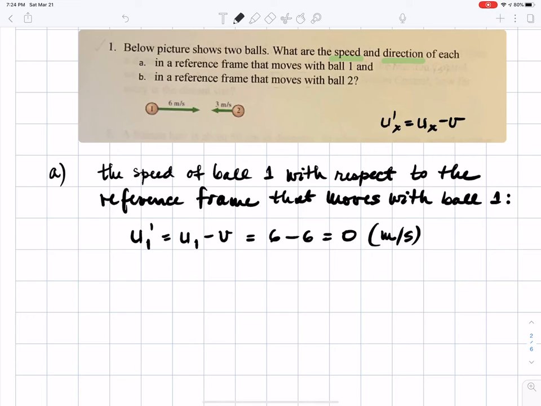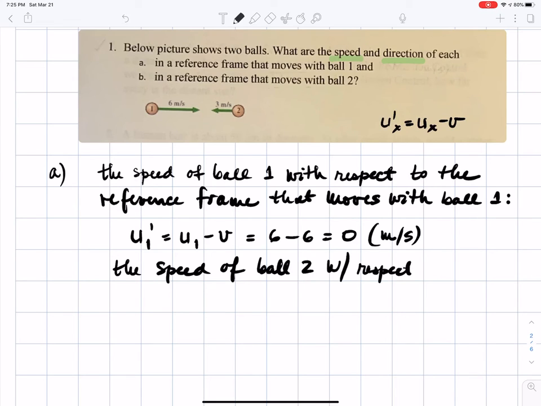All right, so now the second part is the velocity of ball 2 with respect to the reference frame of ball 1. It's kind of like above.